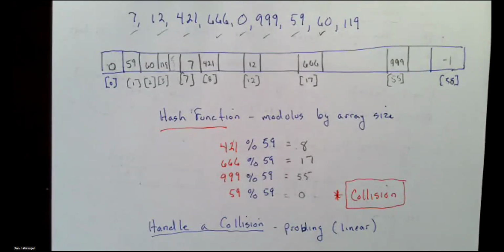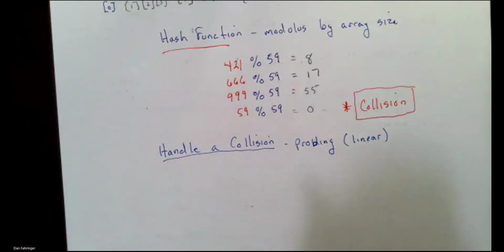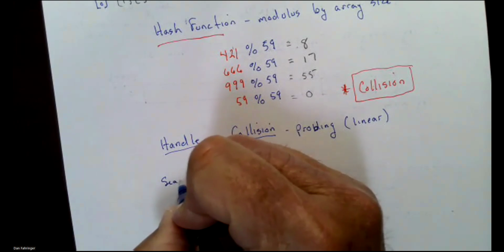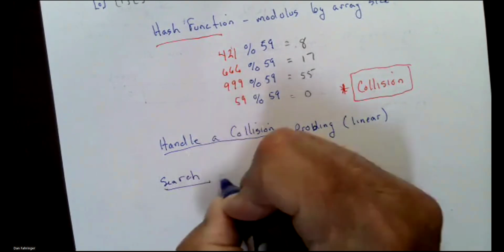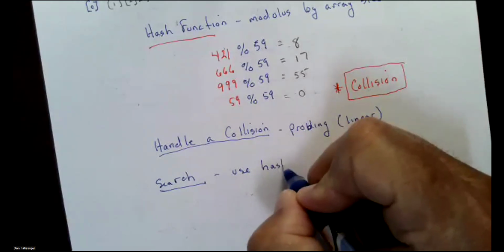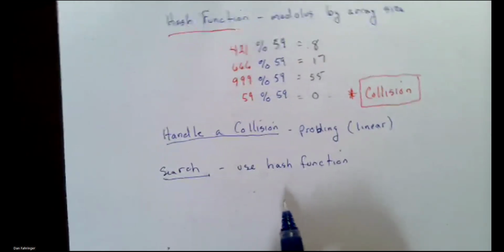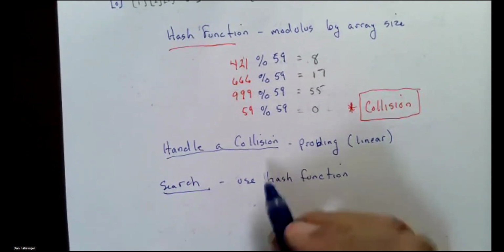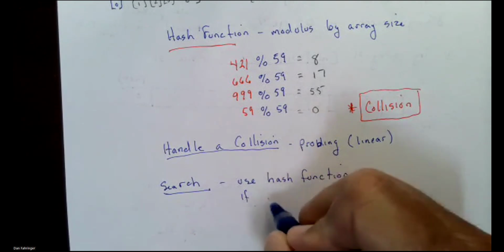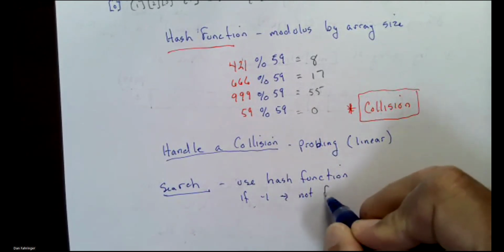Now, if I want to go find something, great. I just use my function and check probing. So if I'm searching, I would use that hash function to get to a location. If -1, not found, it doesn't exist.